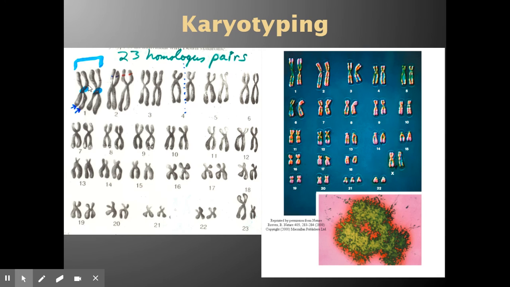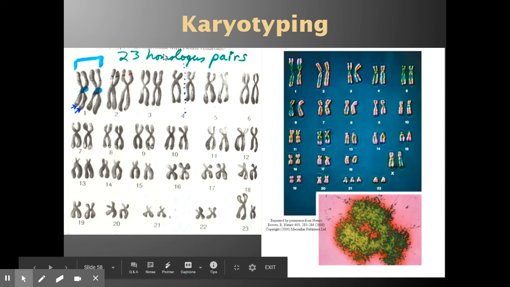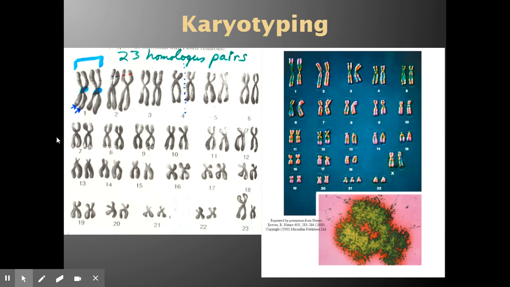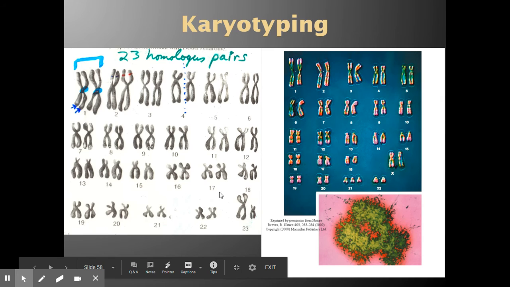The way we do that is by looking at all 23 homologous pairs of DNA that you have in your cells. So for example, we can see that you have 2 1s, 2 2s, 2 3s, so on and so forth. And you have a pair down here.